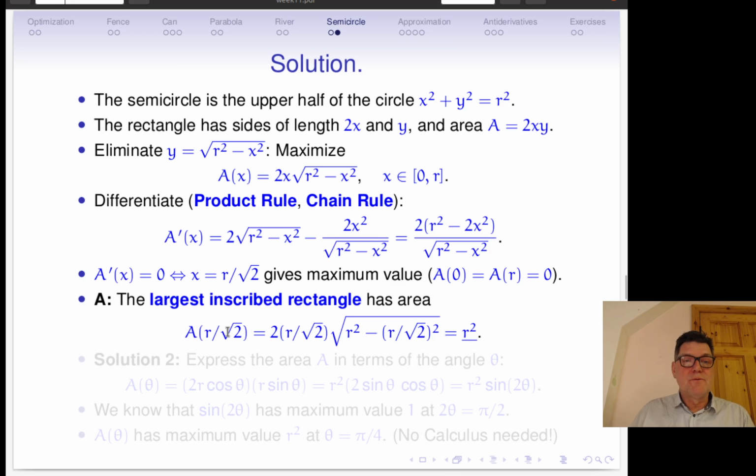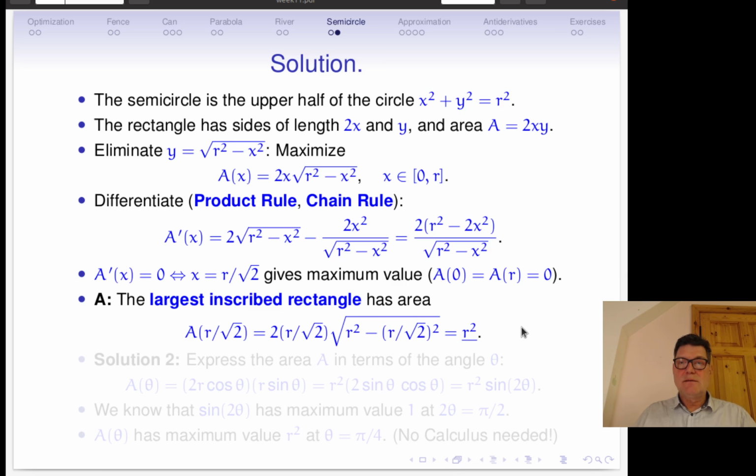So we found that the largest inscribed rectangle has area A evaluated at r over root 2, which if we substitute r over root 2 in the formula that defines A, is 2 r over root 2 times the square root of r squared minus the square of r over root 2. An expression that simplifies eventually to just r squared.